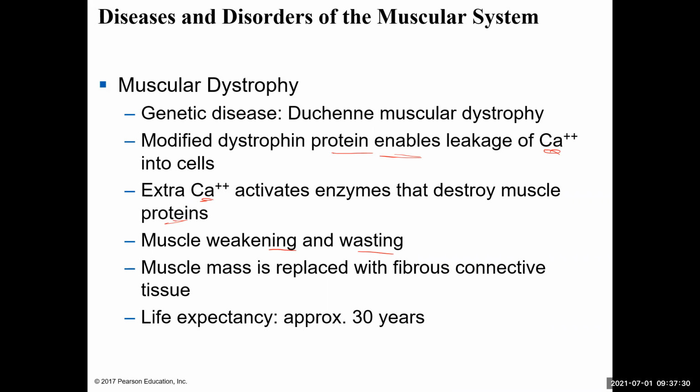And then over time, the muscle mass, the muscle fibers, are replaced with connective tissue. And so you can have a big issue with losing movement and mobility with the wasting and weakening of the muscles. Generally, life expectancy with this type of disease is about 30 years. Depending on treatment and severity, that can vary.